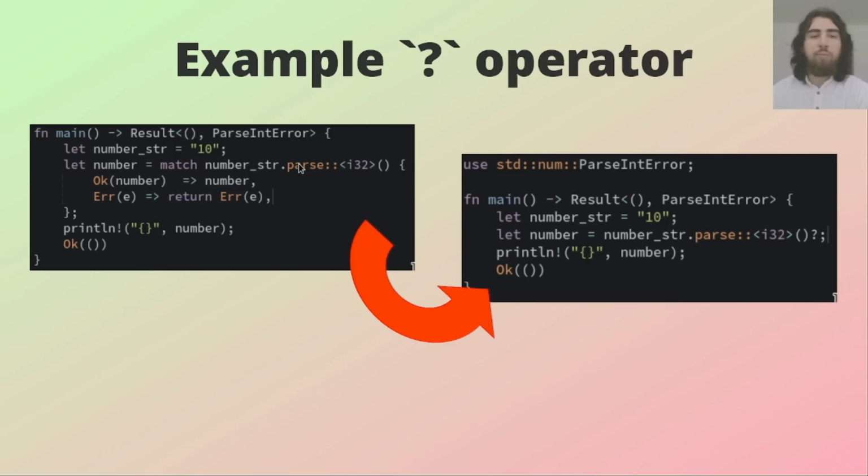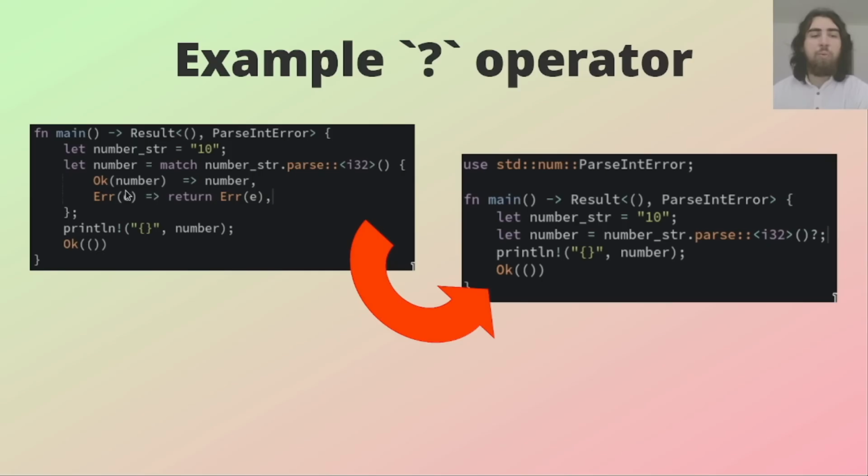So in case we get back the OK variant, remember parse will return a result, then we just take the inner value and return it, meaning the inner value will then be assigned to the number variable.